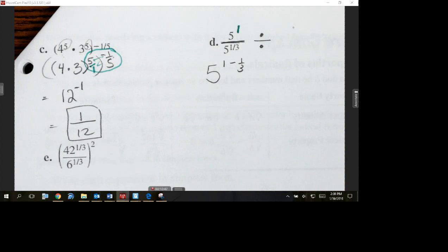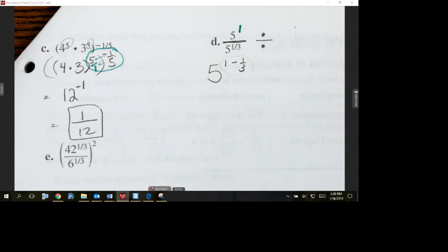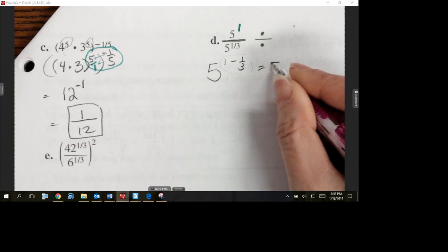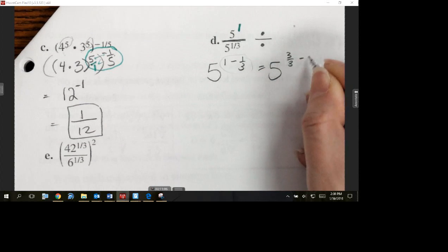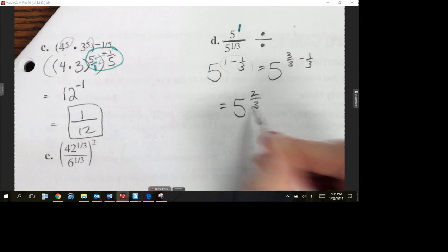I'm subtracting my exponents, but if I'm subtracting fractions, they have to be like. Meaning what has to be like? The denominators. So we're going to make 1 into 3/3 minus 1/3. We get 5 to the 2/3.